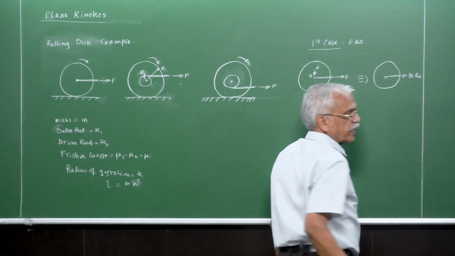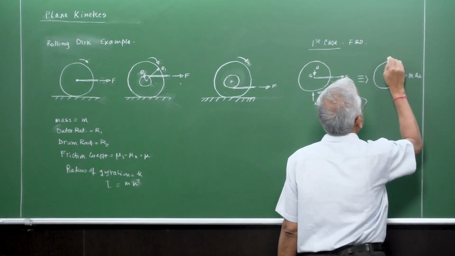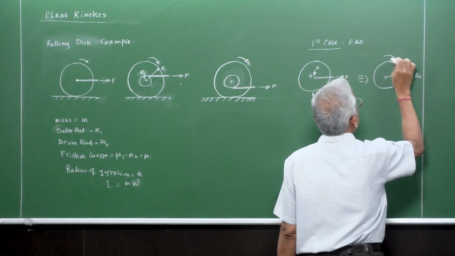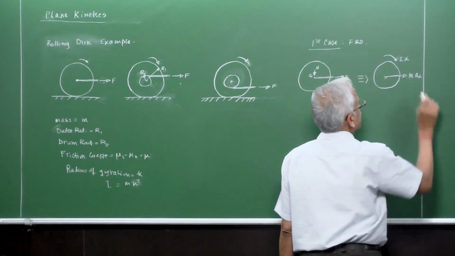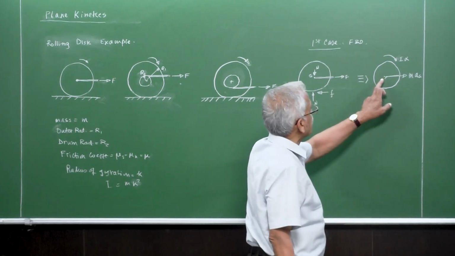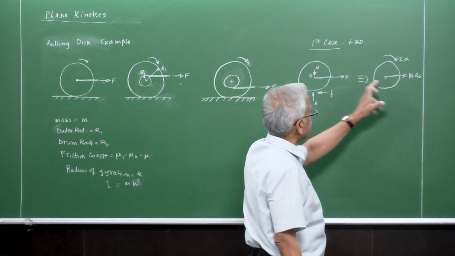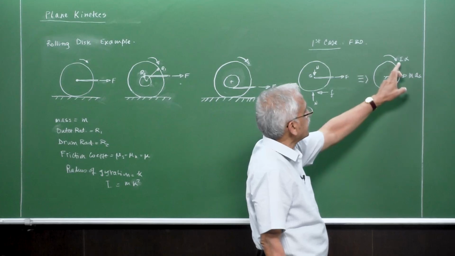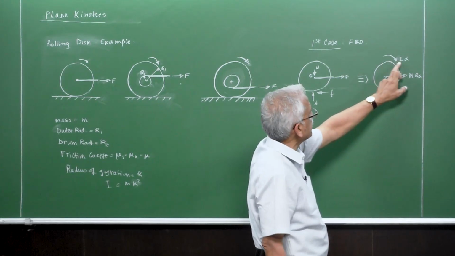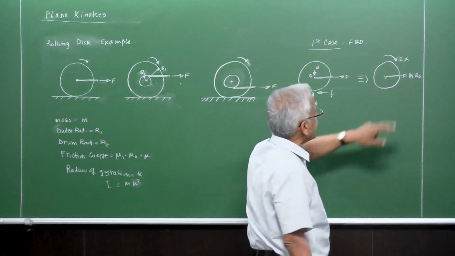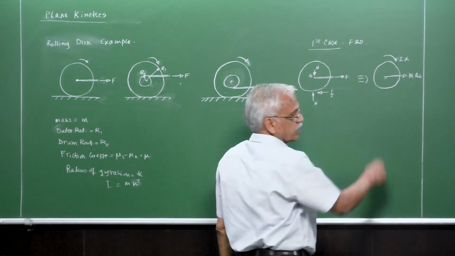And then we also have I alpha. This results in a linear acceleration of G and an angular acceleration, and this together with m will become the force, and this multiplied with I will become the couple or the moment.